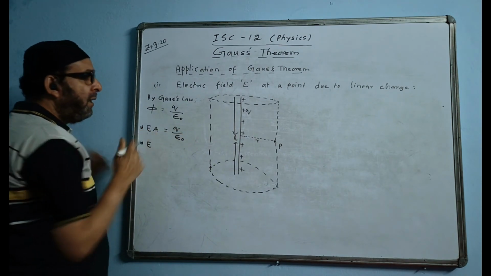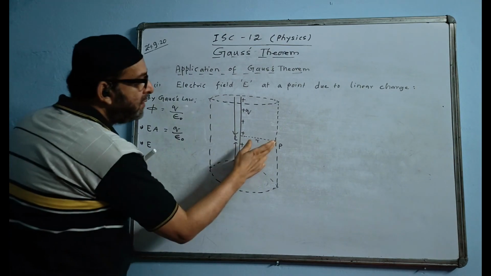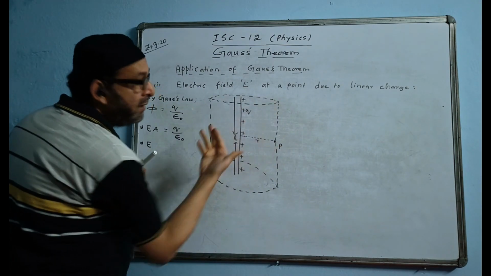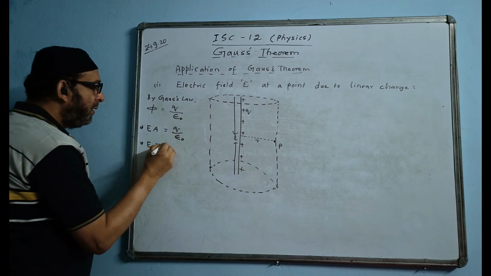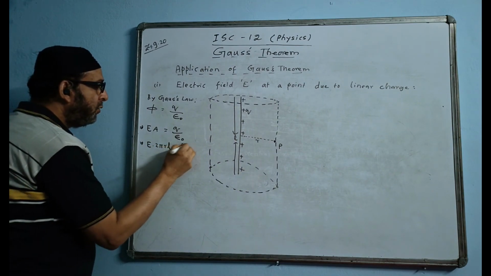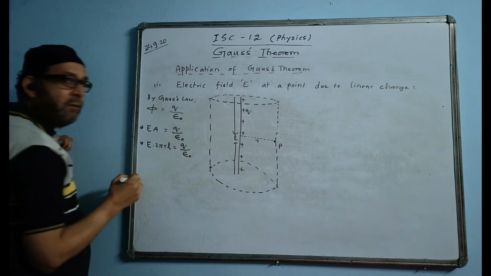What is the area of this surface? This is the curved surface. Area of this surface will be 2 pi RL. So E times 2 pi RL is equal to Q by epsilon naught.